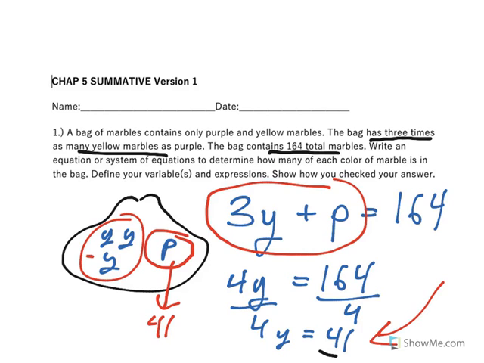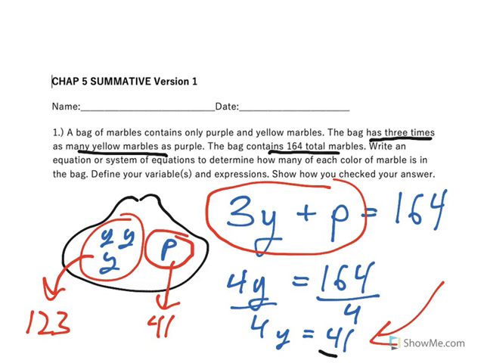To find how many yellow marbles, it's simply taking 164 and subtracting 41, and you get the answer, which is 123. So there's 123 yellows, and there is 1 group of 41 of purple.